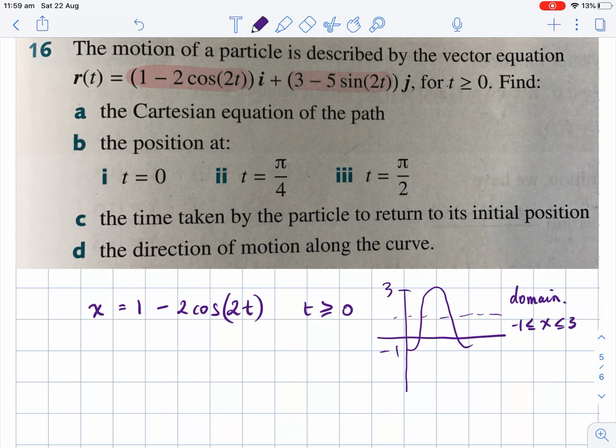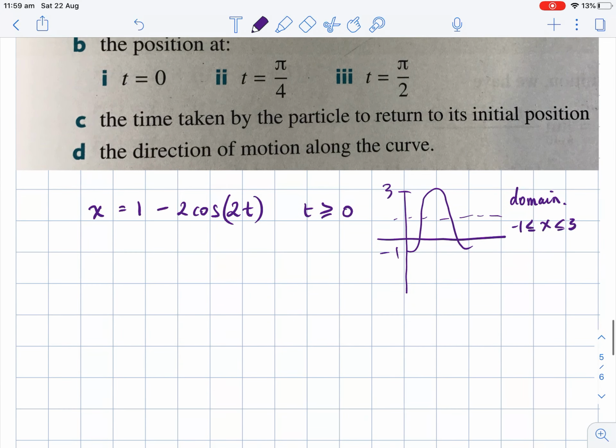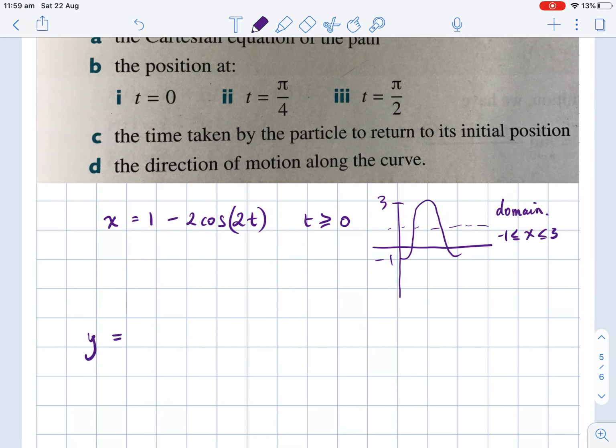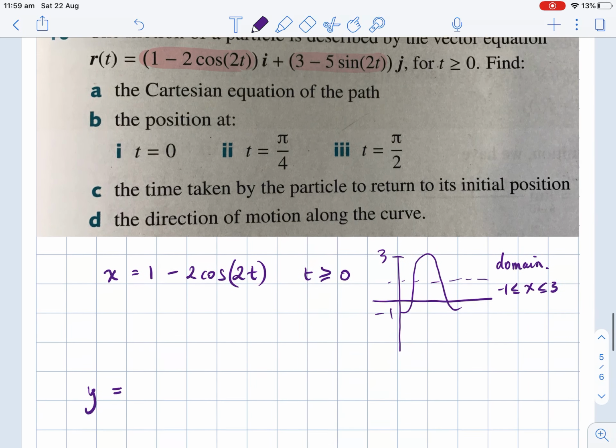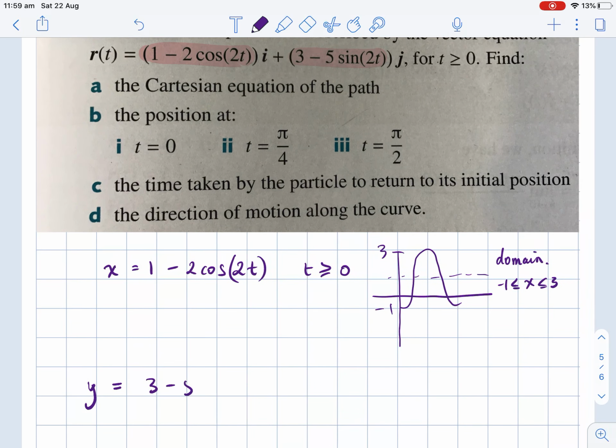Okay, let's have a look at my y value now. So y is equal to 3 minus 5 sine 2t. Again, when t is greater than or equal to 0, a quick sketch of a sine graph.